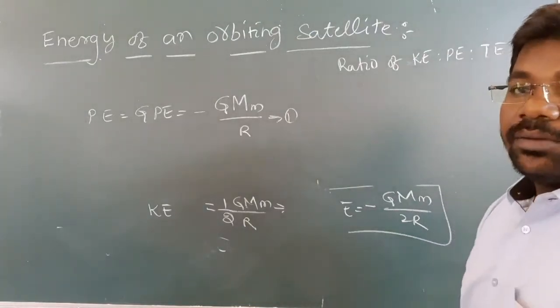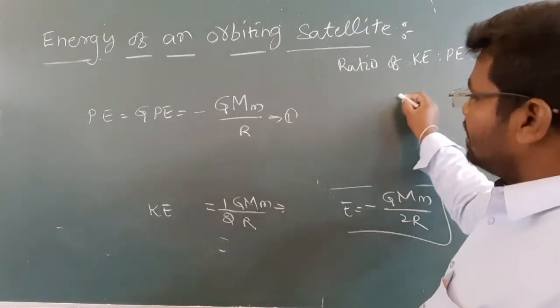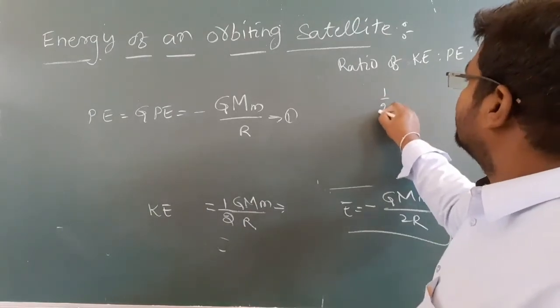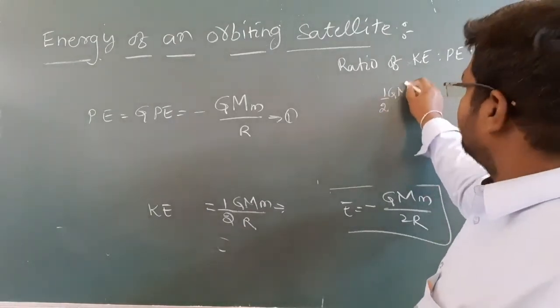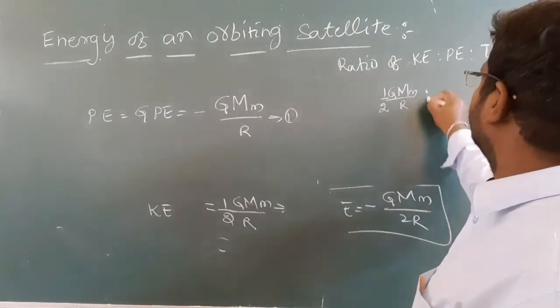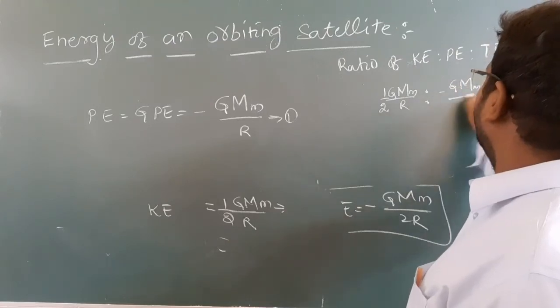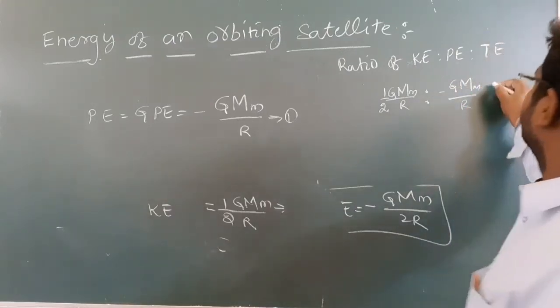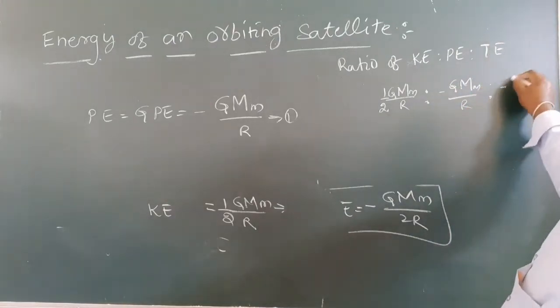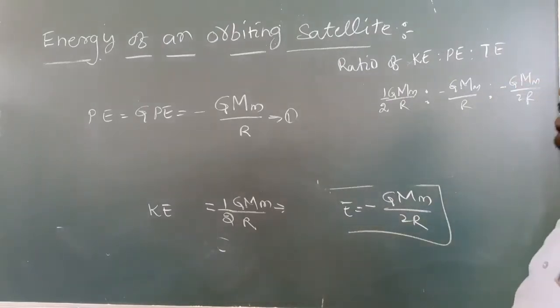Very, very important. What is the kinetic energy? Yes, 1 by 2 GMm by R. What is potential energy? Minus GMm by R. Total energy? Minus GMm by 2R. Understand?